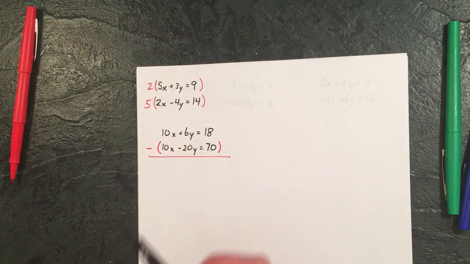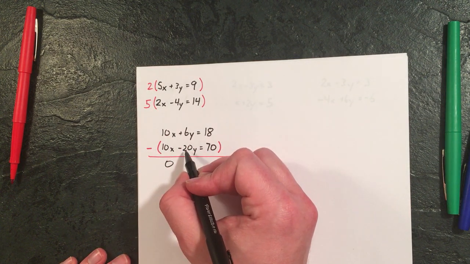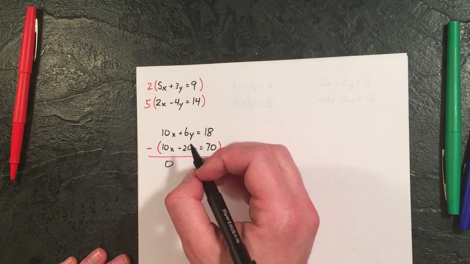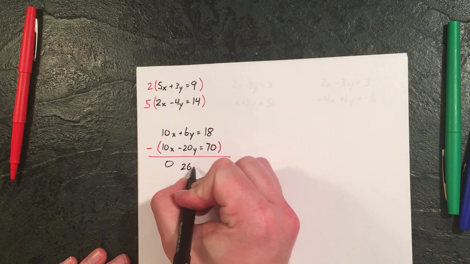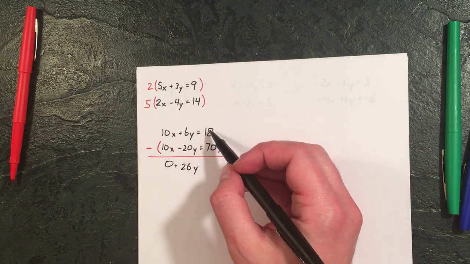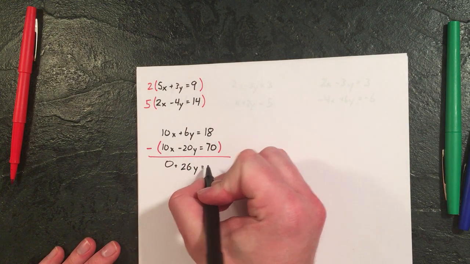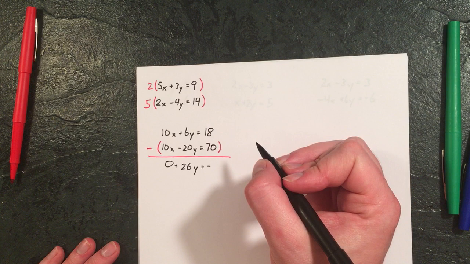The issue here is keeping in mind the subtraction is going to flip the sign. So 6y minus a negative 20 is really 26y.